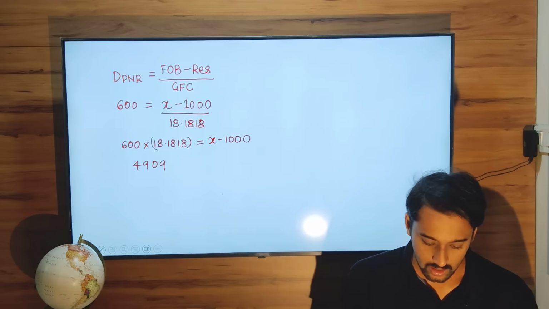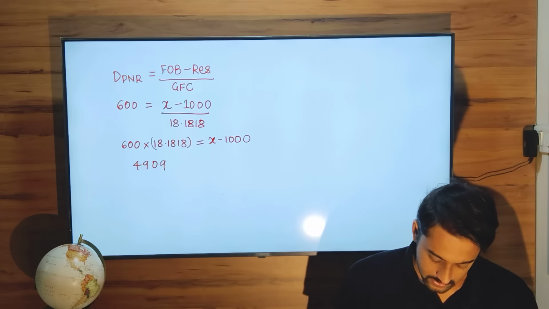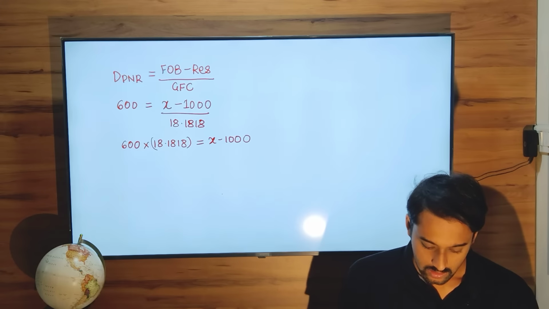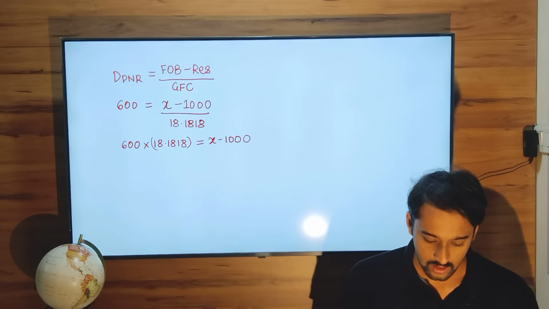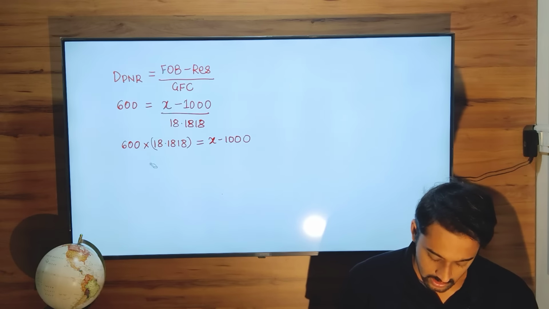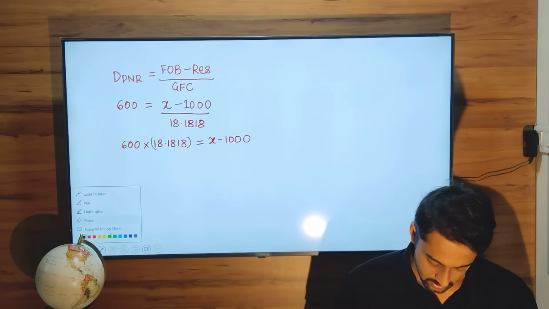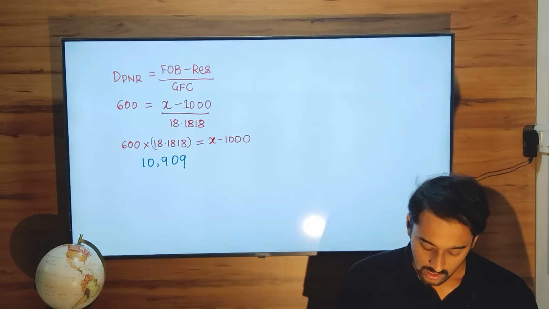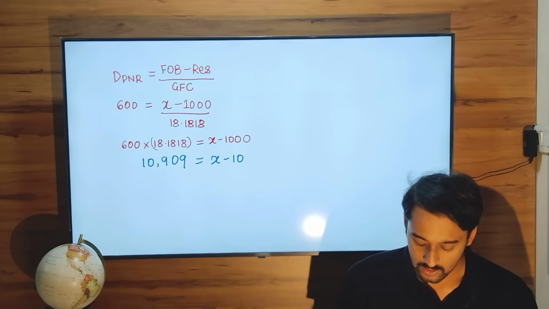So 600 into 18.1818 is 10,909, which equals X minus 1000.